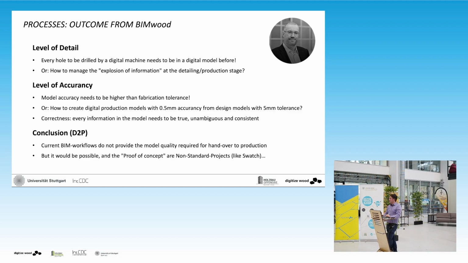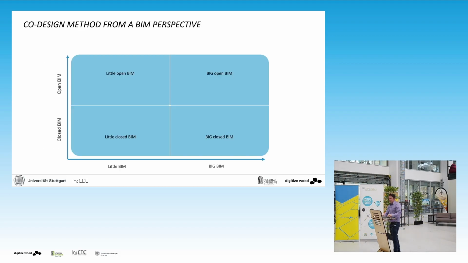Okay, and now this is a try to look from different perspectives, from one side, from co-design to BIM, and this is what we do now here. I guess this matrix with closed, open, and little, big BIM.